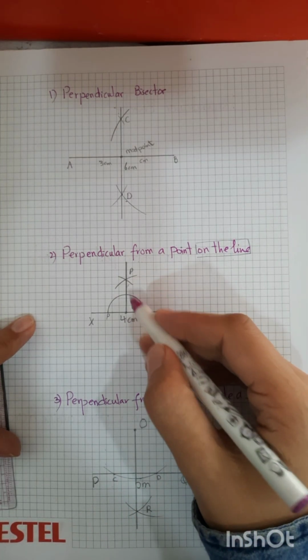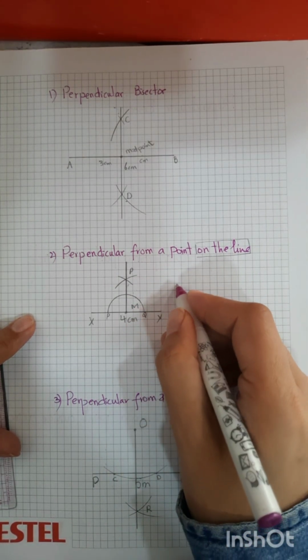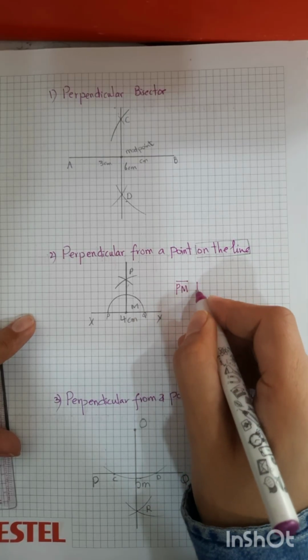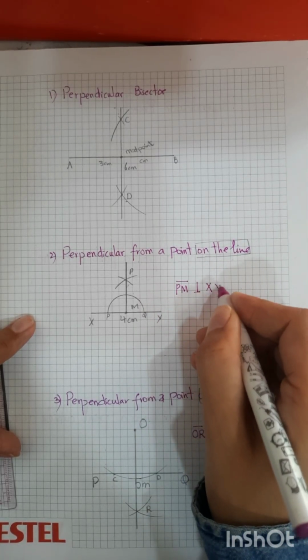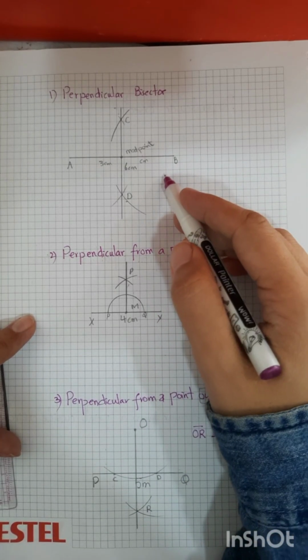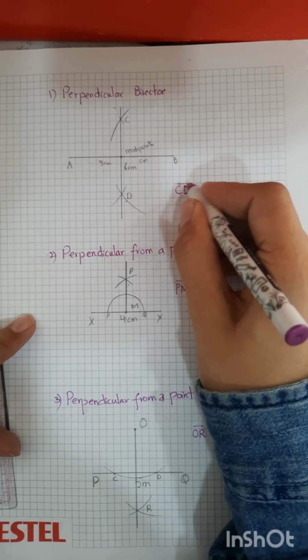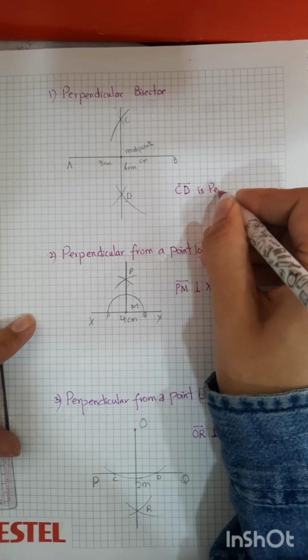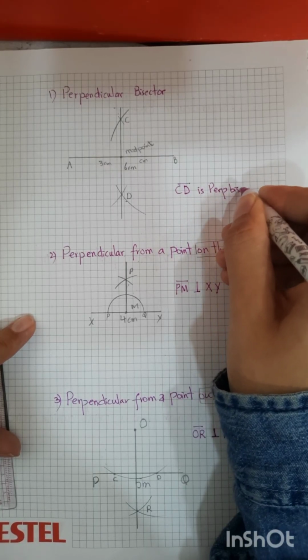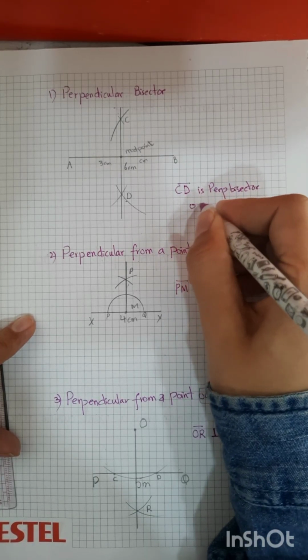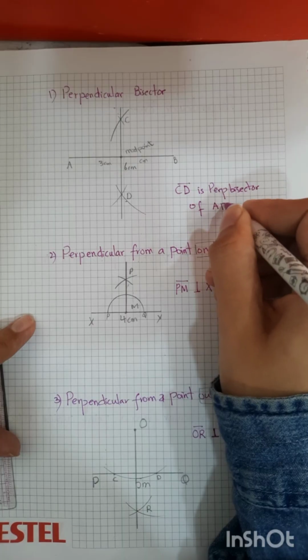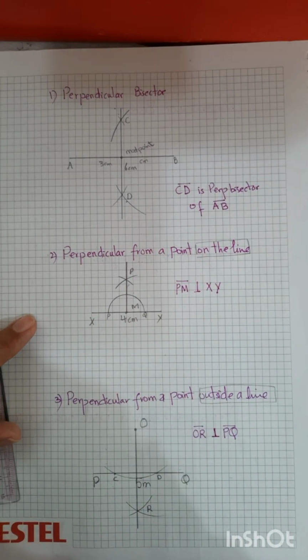In this case, I can write PM is perpendicular to XY, and in this case, I can say that CD is perpendicular bisector of AB. This is how we do it.